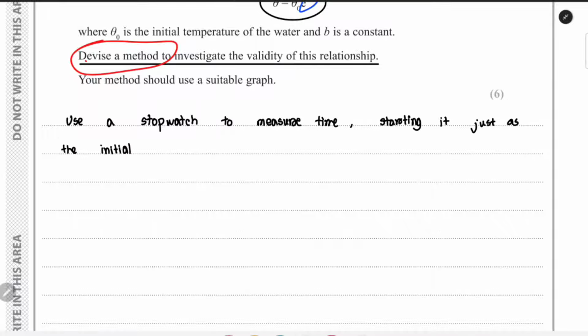So we start just when the initial temperature is recorded. We do that simultaneously.